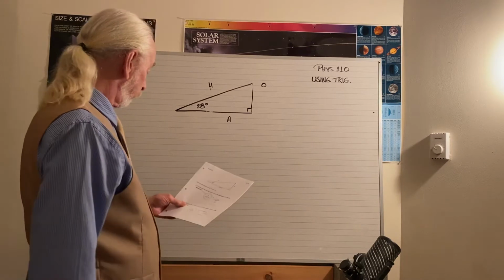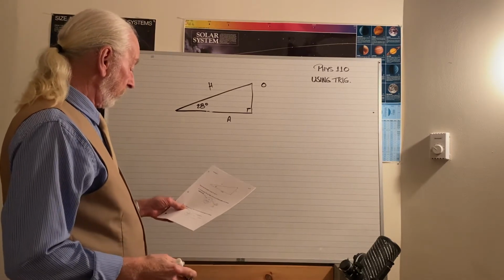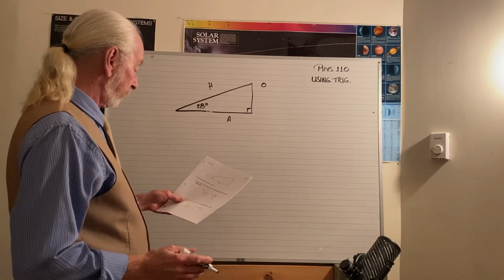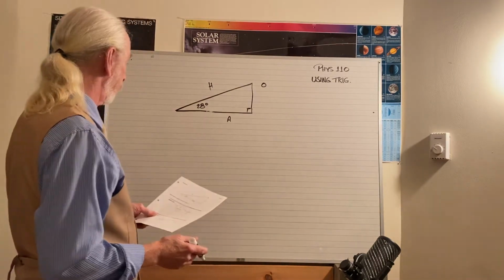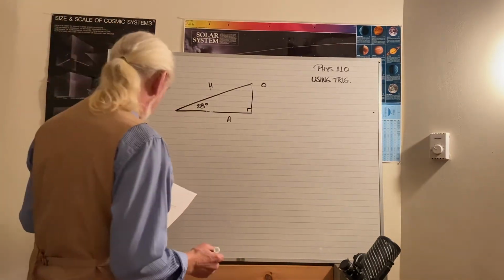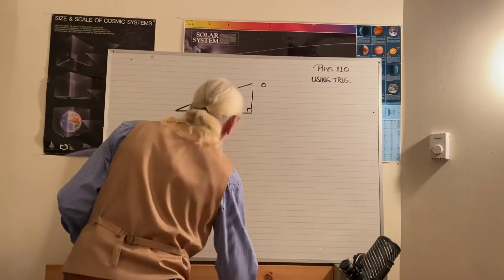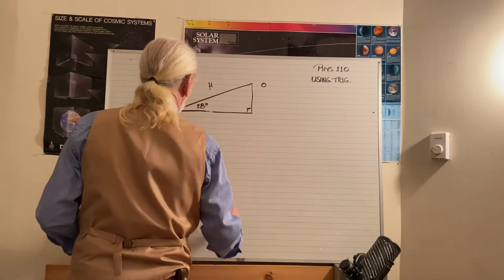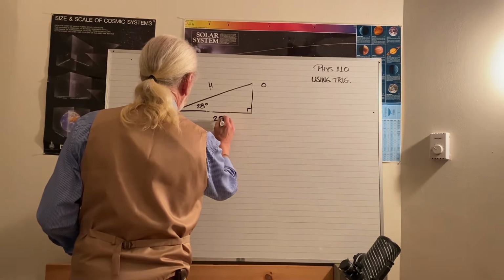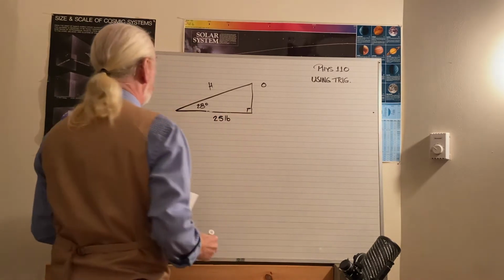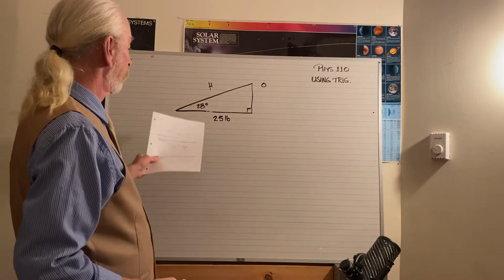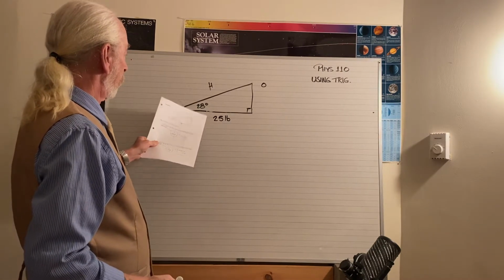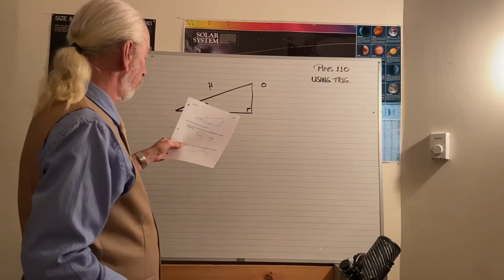To determine H, I'm going to use cosine, which uses the known angle and the known adjacent side. So my adjacent side is 25 pounds. I forgot to put that there. Okay, so I know what my adjacent is, and I want to find the hypotenuse. So I've got adjacent, I want hypotenuse, so I got to use cosine.